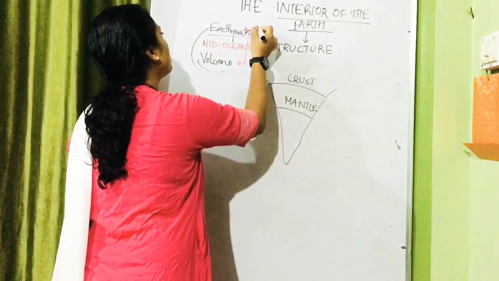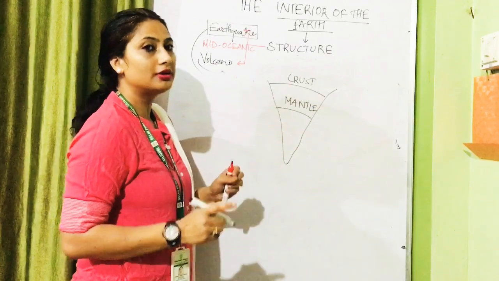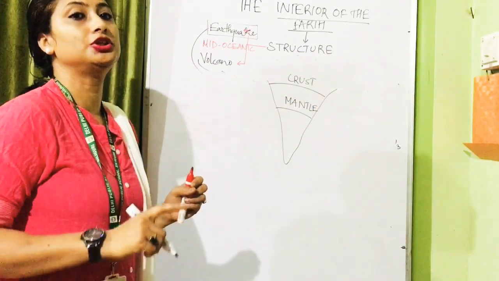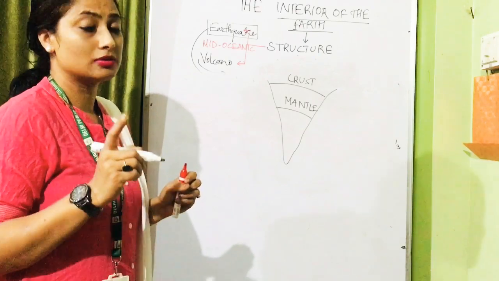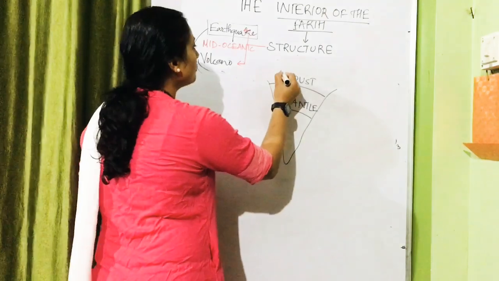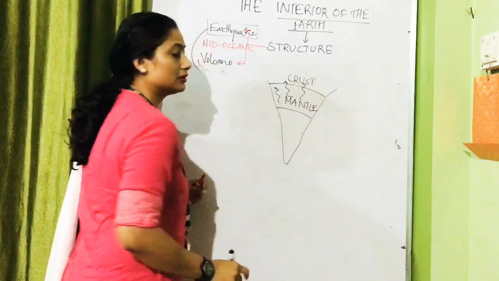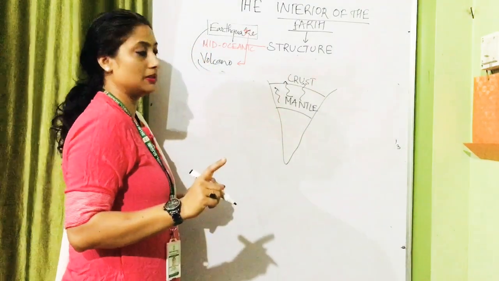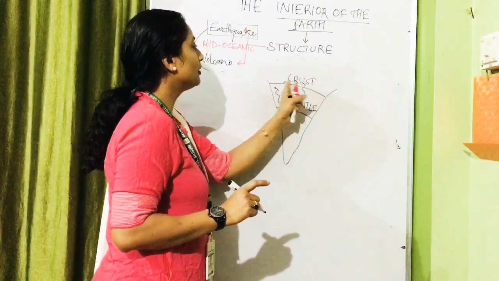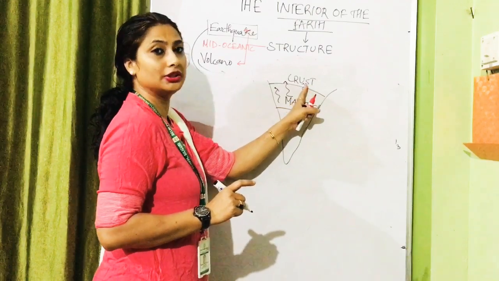Because we have also studied earthquakes when we were doing volcanic eruption. When an earthquake takes place, it generates energy. This energy generates waves like S waves, P waves and surface waves. When these waves start moving in different directions, they change their velocity with change in the elements. So we find that there is a change in the elements between crust and mantle because their speed changes.